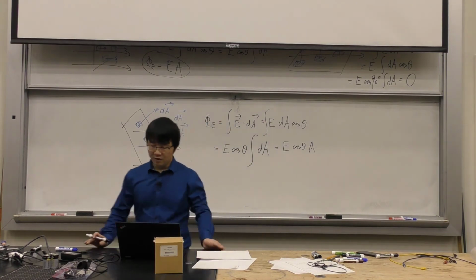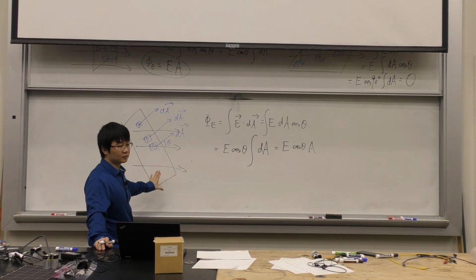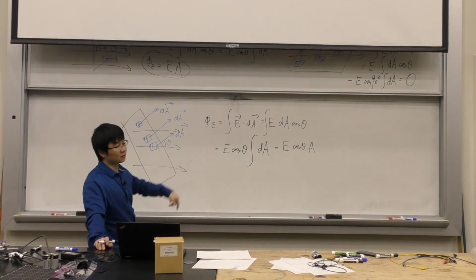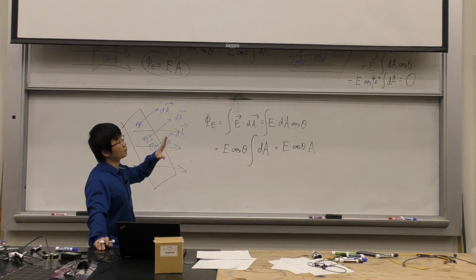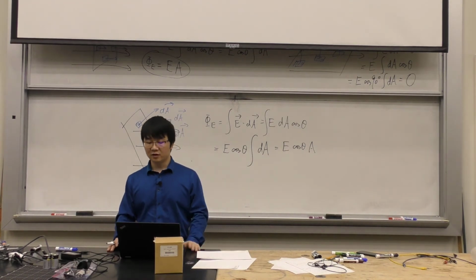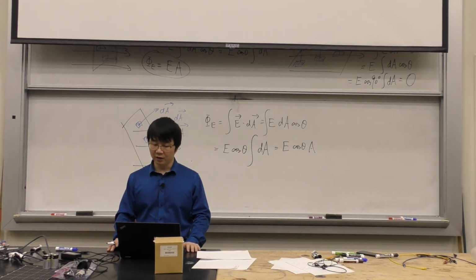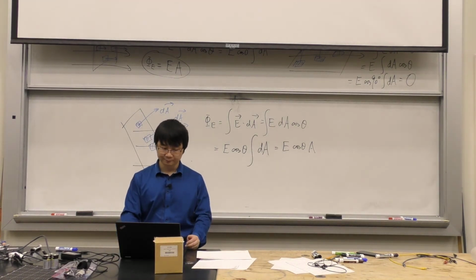So when the surface makes an angle with the electric field, you just do EA cosine theta. You still don't need to evaluate any integral. These are the only three special cases we're going to discuss in this class. So don't be scared by this integral. We never need to integrate anything in electric flux. We never do.